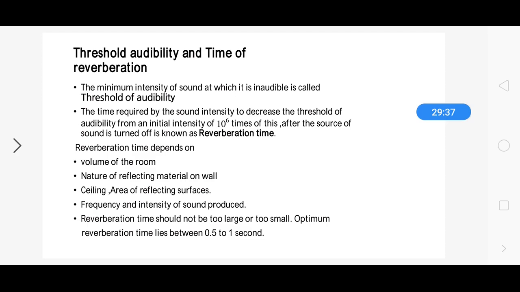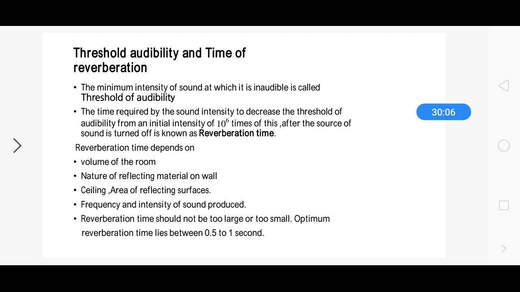Now the time of reverberation. The time required by the sound intensity to decrease to the threshold audibility. Suppose threshold audibility is 2 decibels, and the initial intensity is 100 decibels.